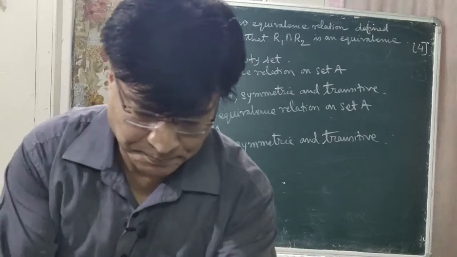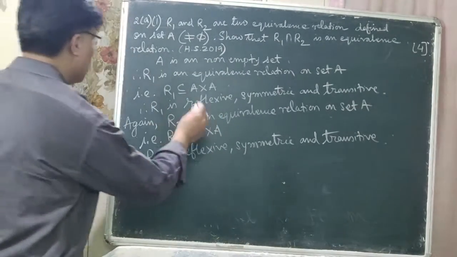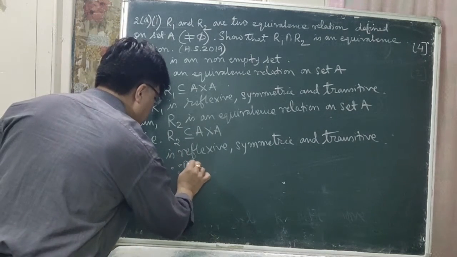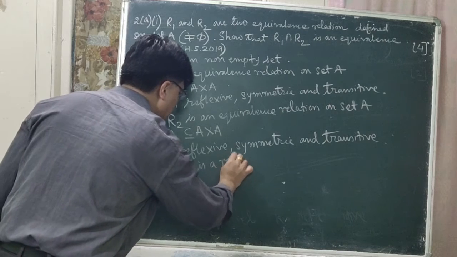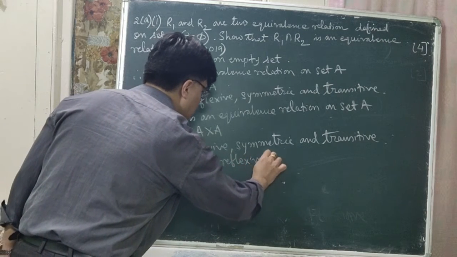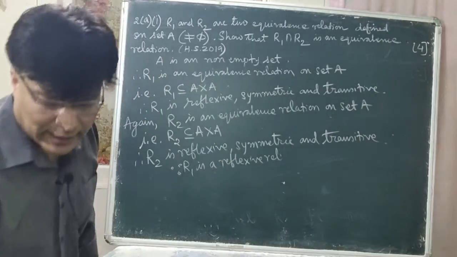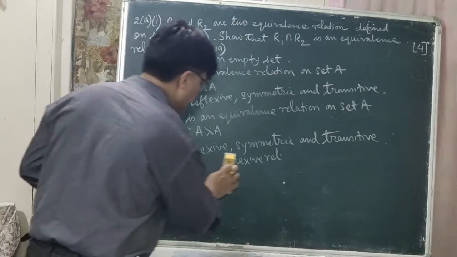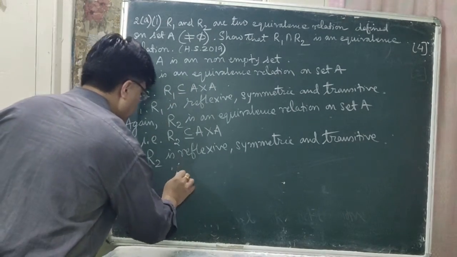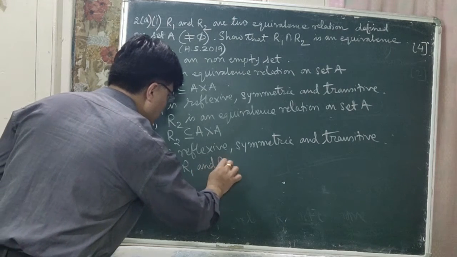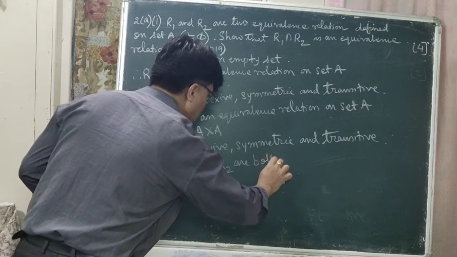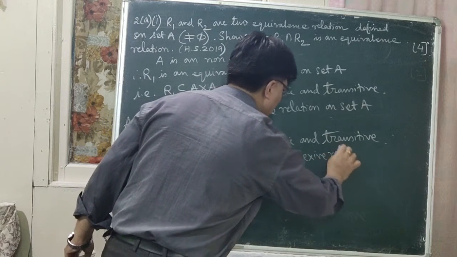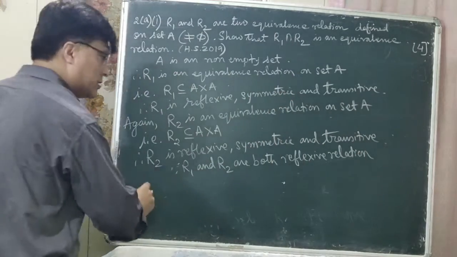So next, since R1 is a reflexive relation, and also R2 is a reflexive relation, since R1 and R2 are both reflexive relations, so therefore what is the definition?